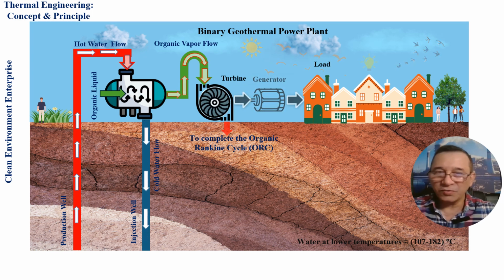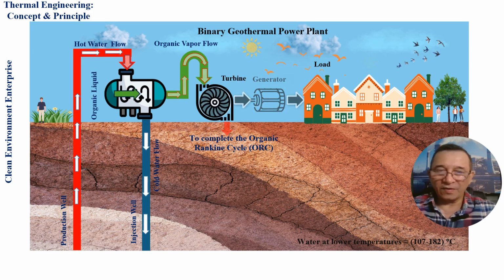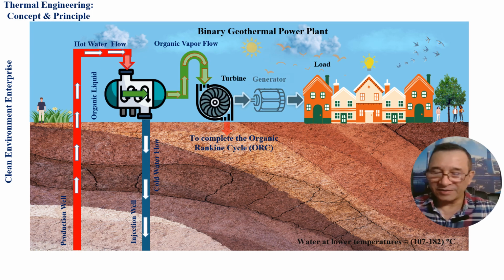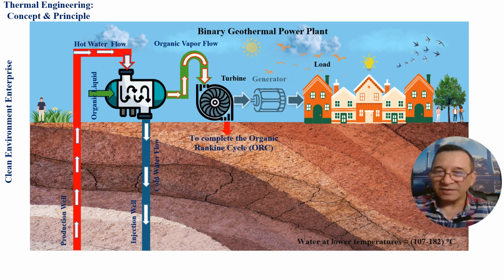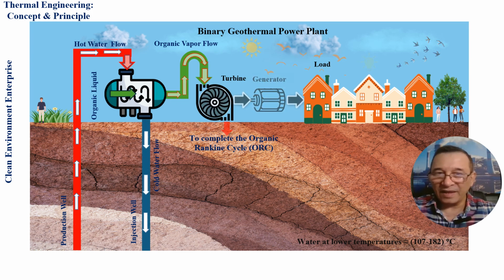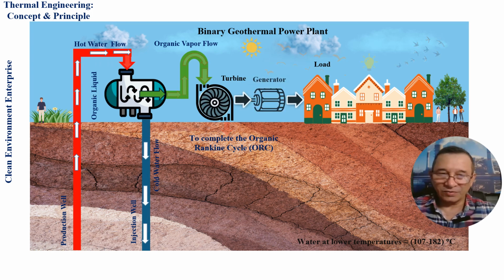Usually, this type of power plant is used where we have temperatures between 107 and 182 Celsius, so we are talking about low temperatures of the geothermal source.